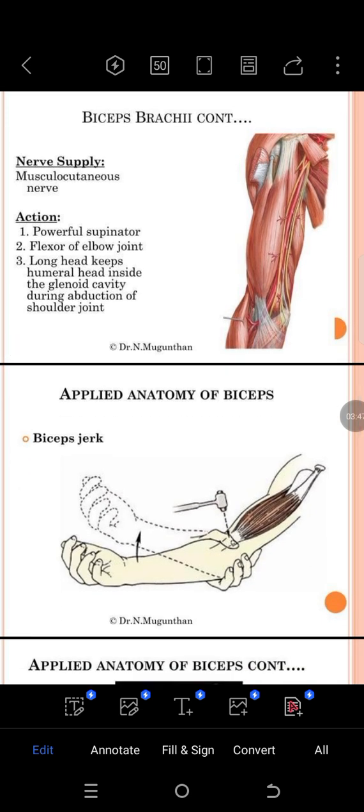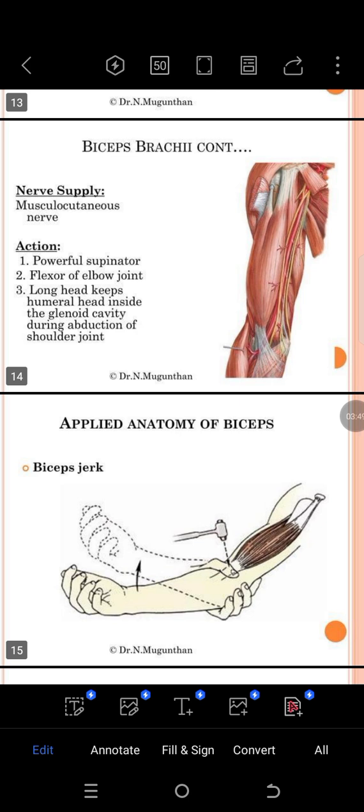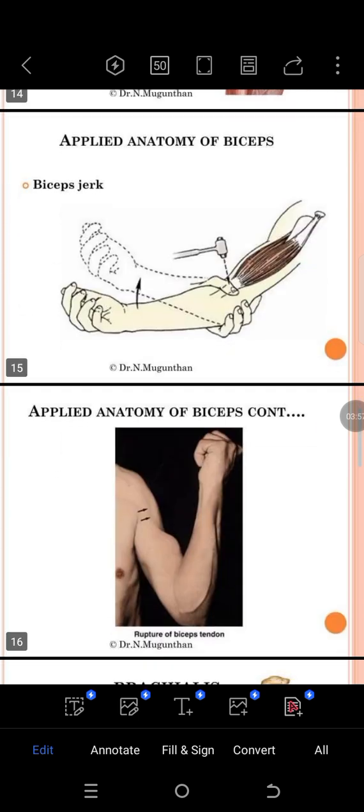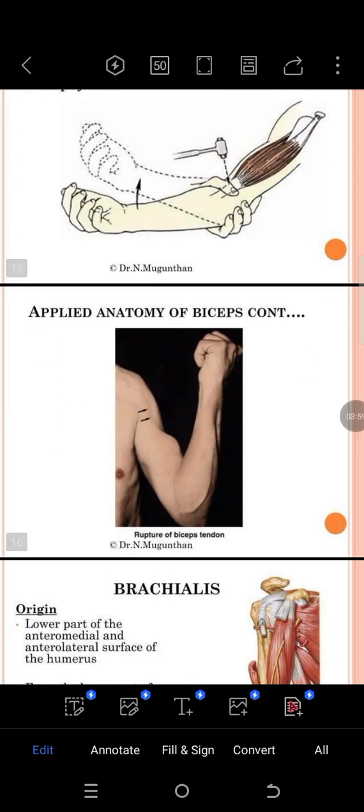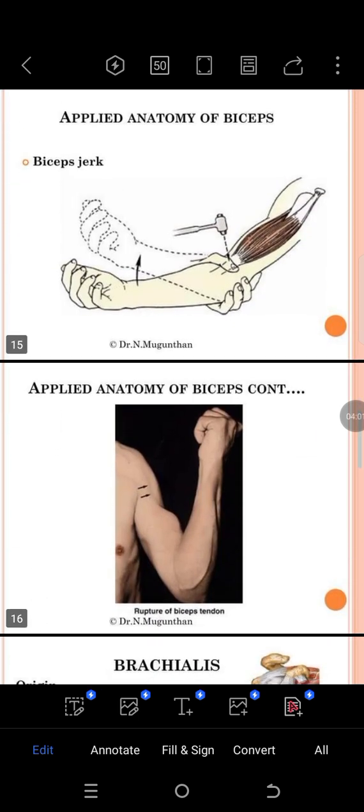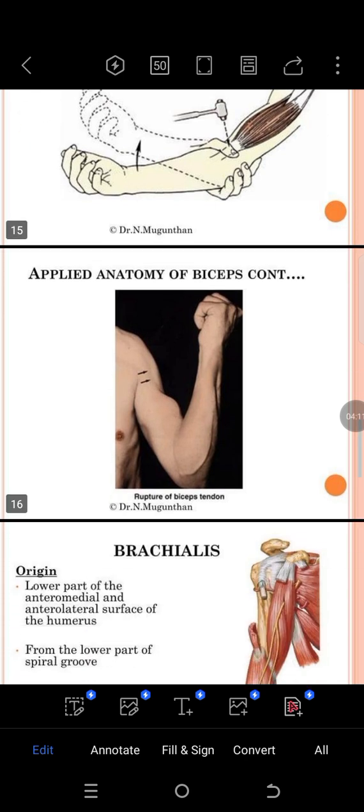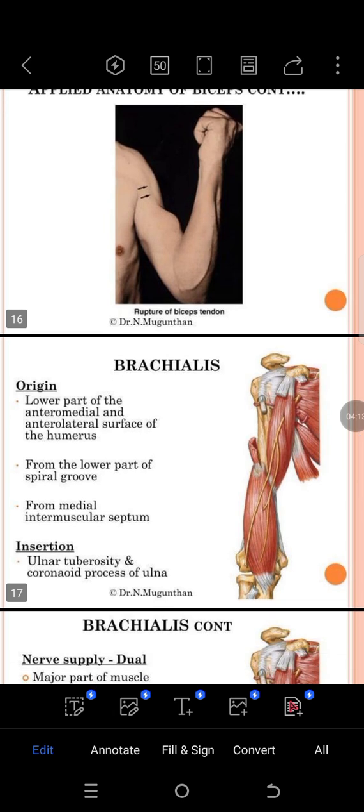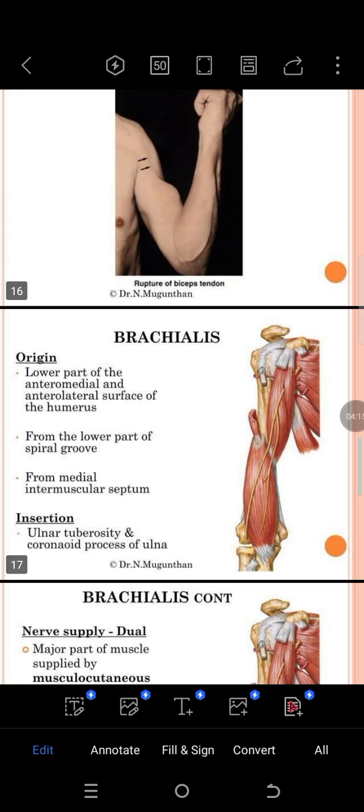This is a powerful supinator, and it's also involved in flexion of the elbow joint. This is the biceps brachii reflex, where you hit on the tendon at the joint here so as to test for the biceps reflex.